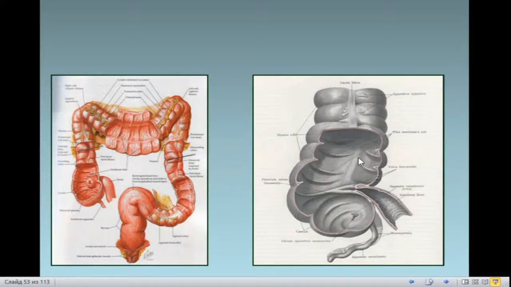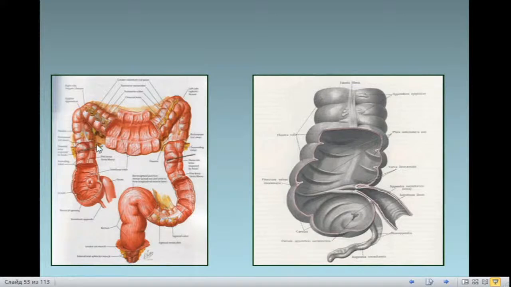From the outside, from the abdominal cavity, along these taeniae, we can see fatty protrusions, like earrings, that we call appendices epiploicae. It's really like processes, fatty processes.